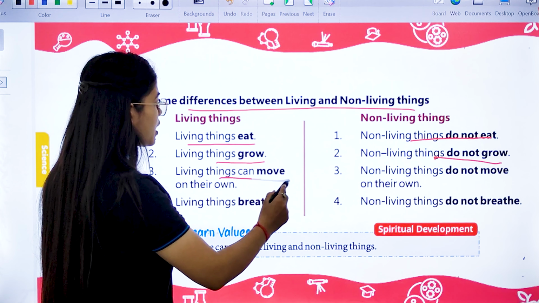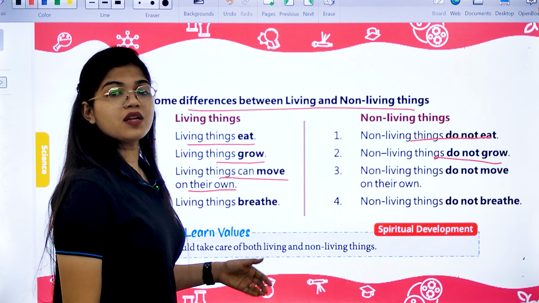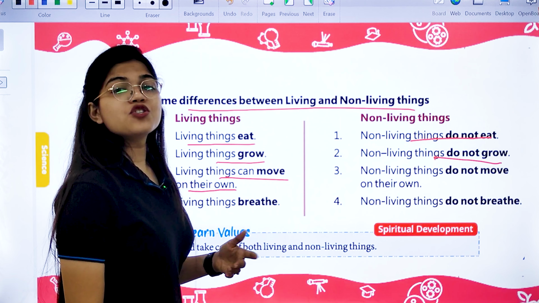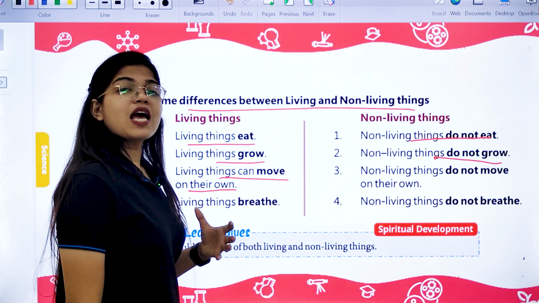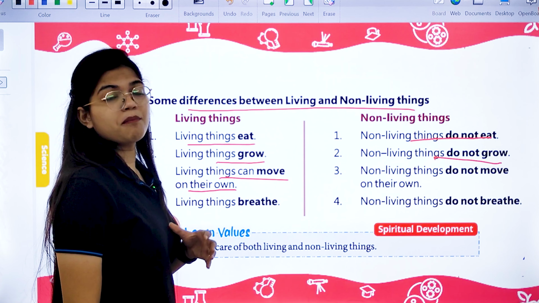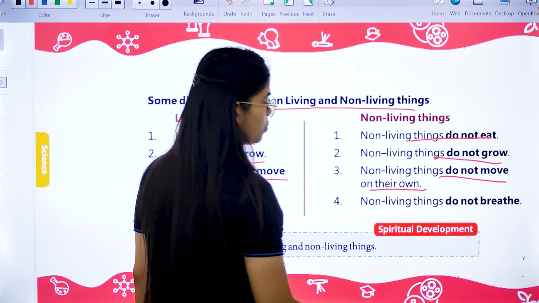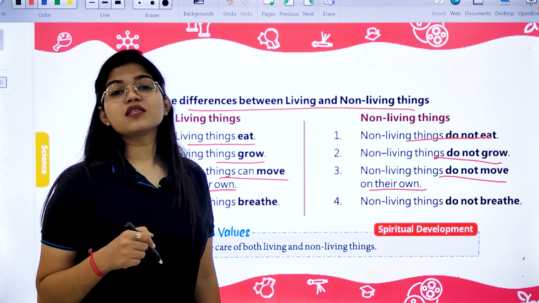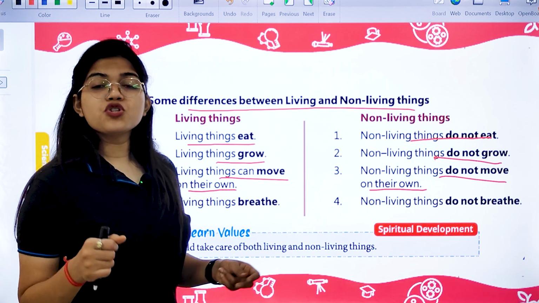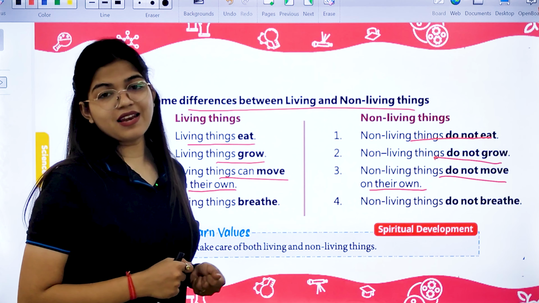Third, living things can move on their own. They move from one place to another in search of food, shelter, to get protection. But non-living things do not move on their own. If we want to move them, then a living thing is required to push or keep that non-living object from one place to another.